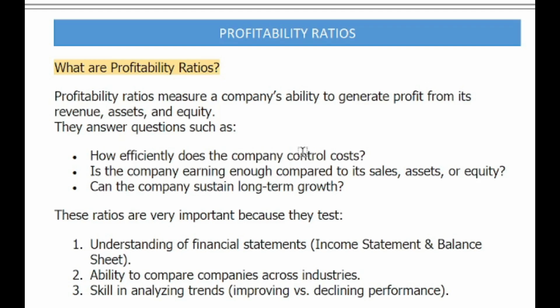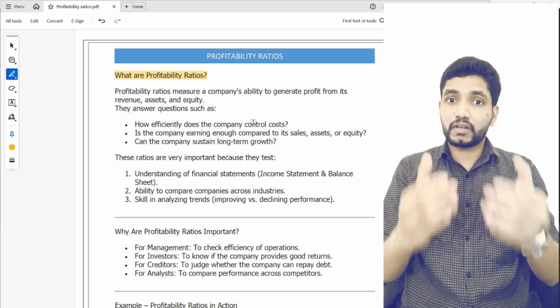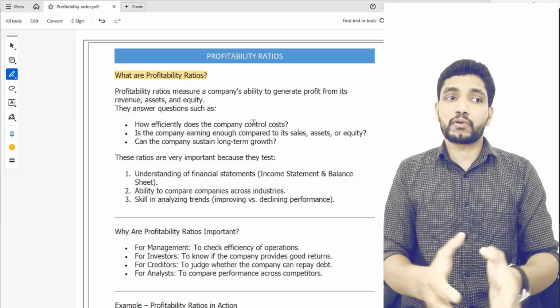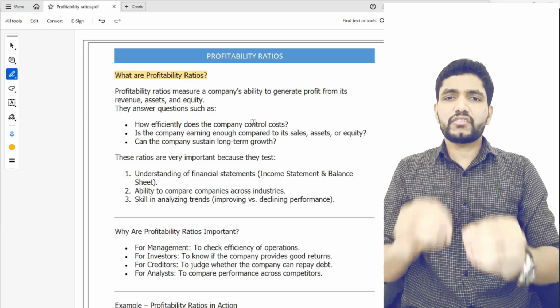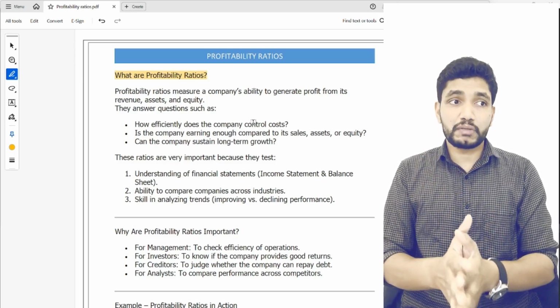These ratios answer some questions: How effectively is the company controlling the cost? Is the company earning enough profit relative to its sales or its investment in assets or equity? And how long can this profitability be sustained, or is it a temporary profit or a sustainable profit? This is what we analyze when we are doing profitability ratios.